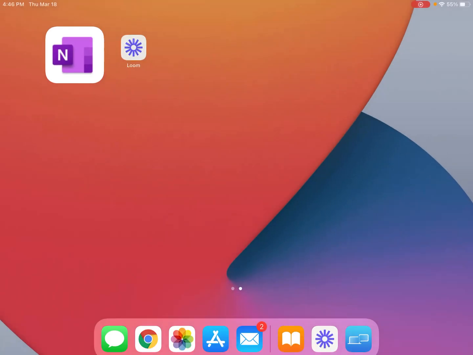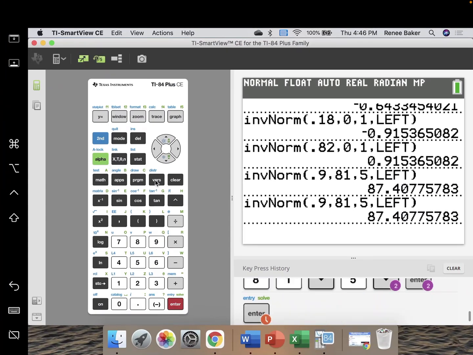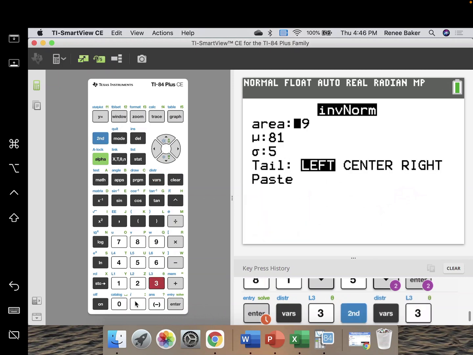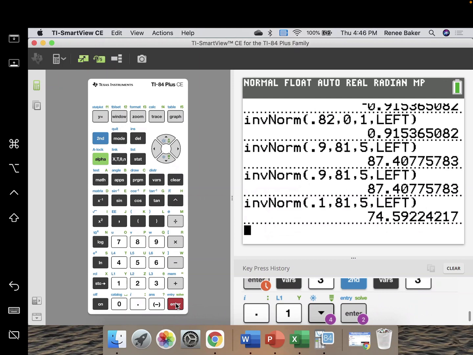Now, just to show you how you can make a mistake and kind of catch yourself, if I did second vars and I put in the 0.1, that would be 74.6.